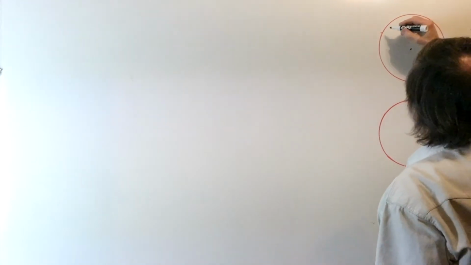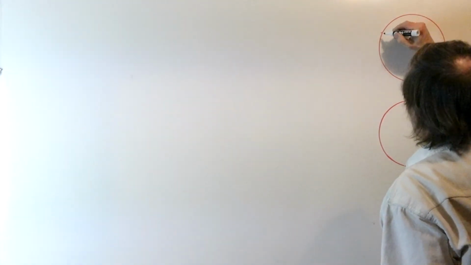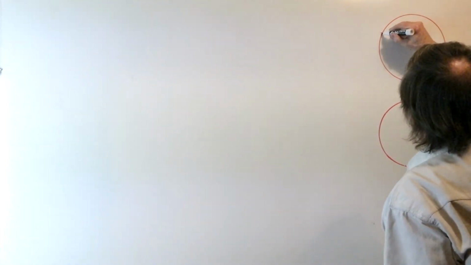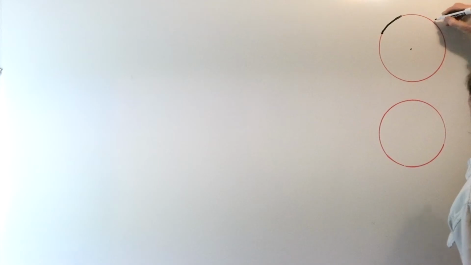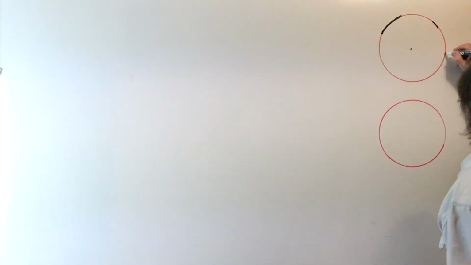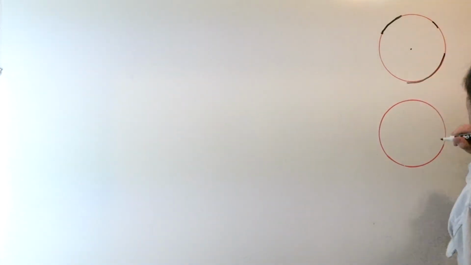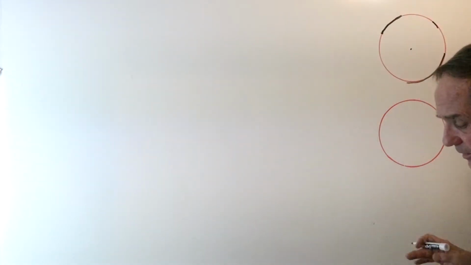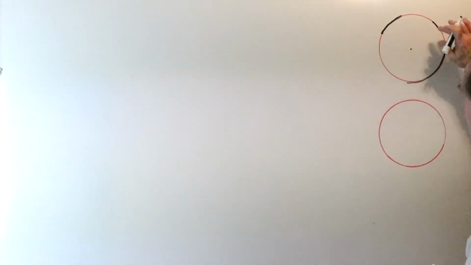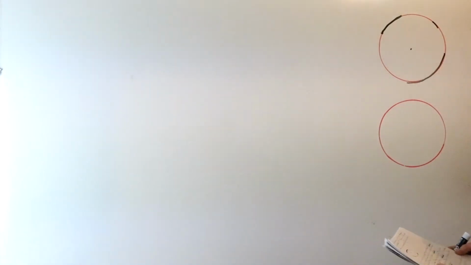And an arc, not a line segment, would be just a portion of that circle. That is an arc. This would be an arc. This is a much larger arc. But arcs will be segments on the outlying perimeter of the circle.